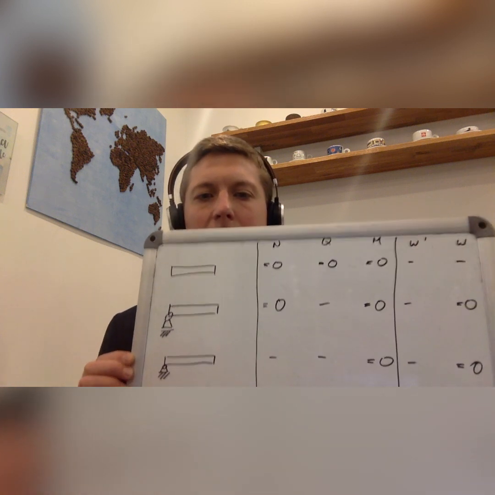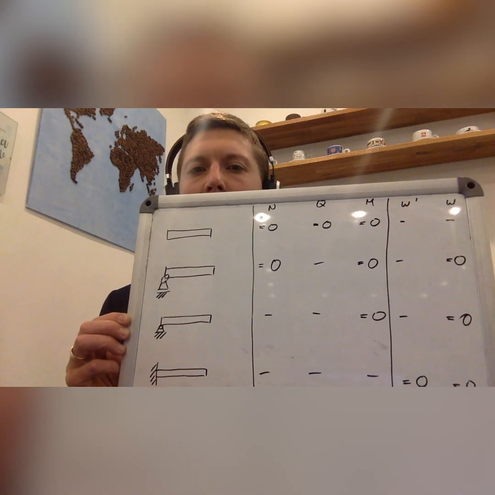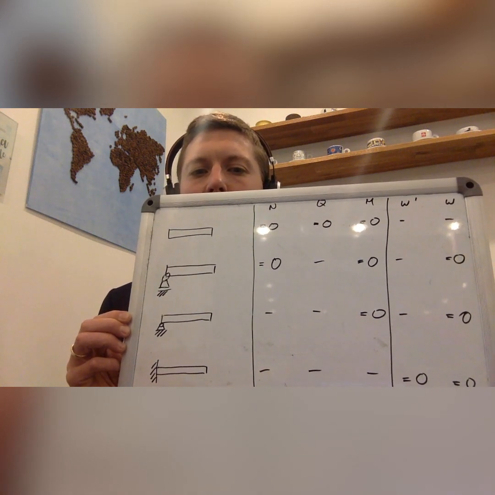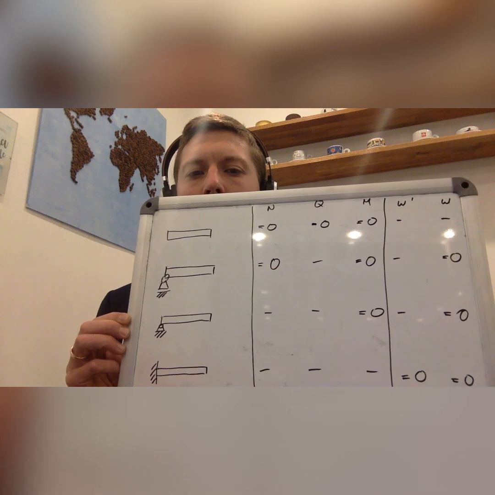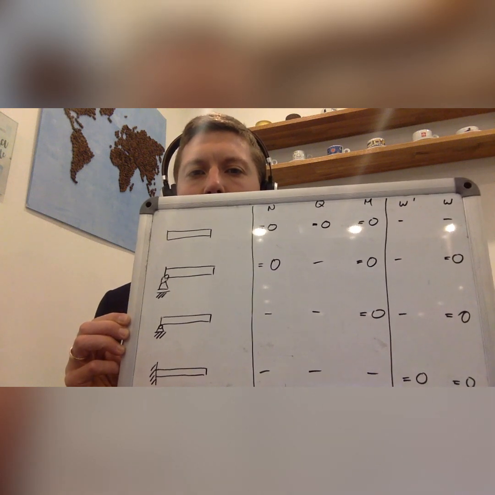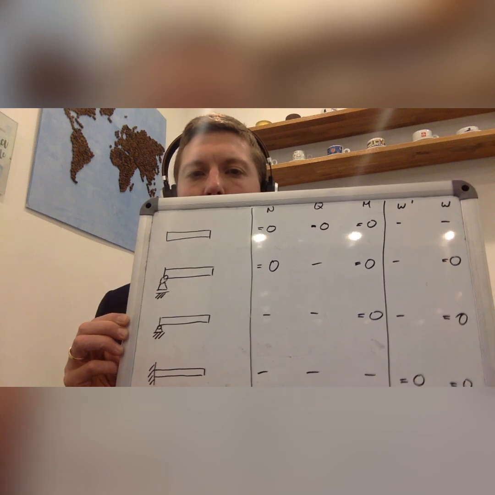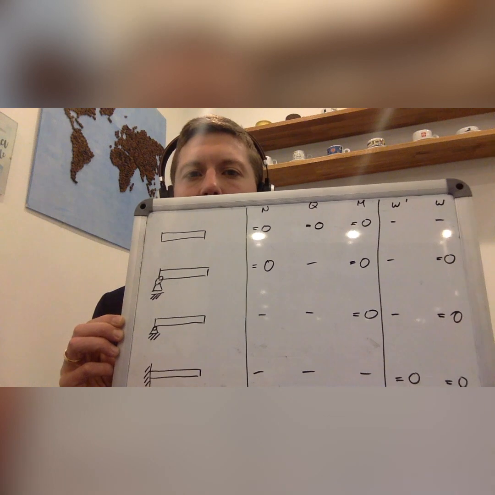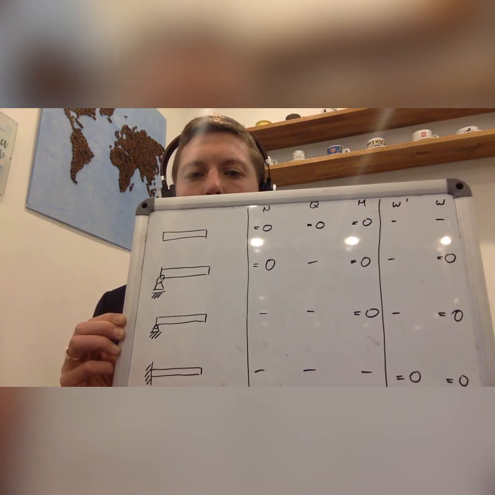That is not the case if we look at the next problem. Here we've got a fixed bearing. Fixed bearing means that there is really a rigid connection between the environment and the beam, and that means that there is no possibility that the beam moves horizontally or vertically, and it cannot deflect at the beginning, so there is no inclination angle possible.